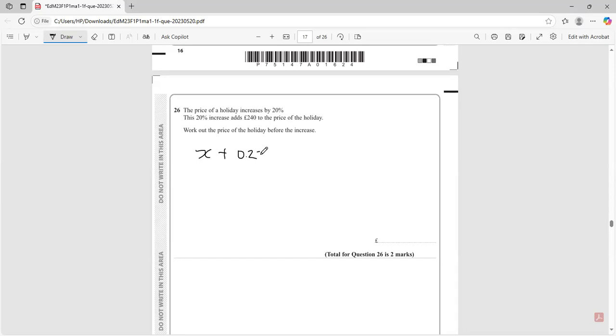Once you have that at the back of your mind, just work it out. So 20% of X is the same thing as 0.2 times X, or 20 over 100 times X, which is still the same thing. So when you have this at the back of your mind, you have settled a lot of things. They said the 20% increase adds 240 pounds to the price of the holiday.